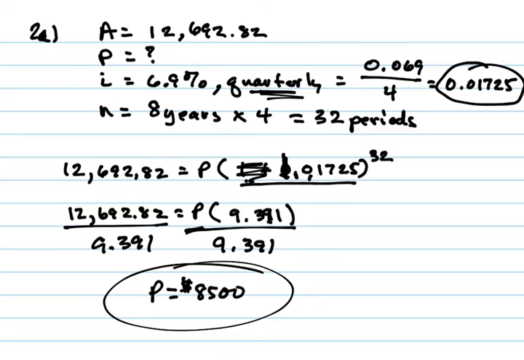Okay? Now, let's see what happens when we have a problem where we're looking for the amount of interest. So let's say that in the future, our loan value, or investment value, is $10,198.86.